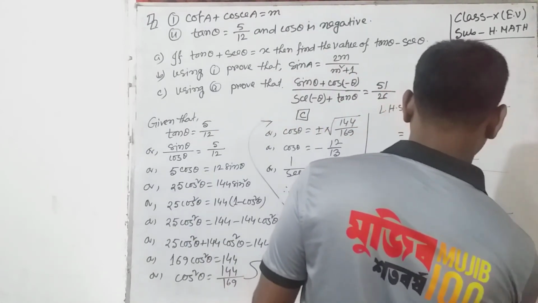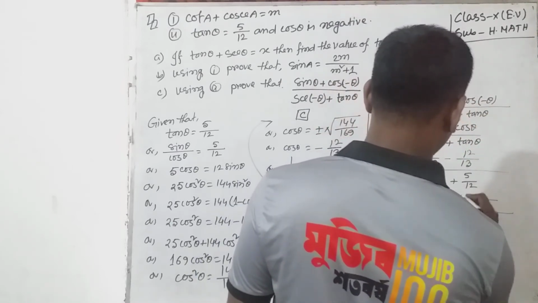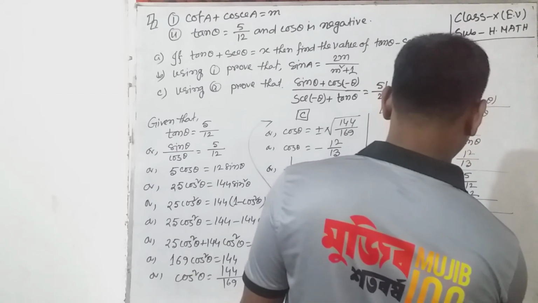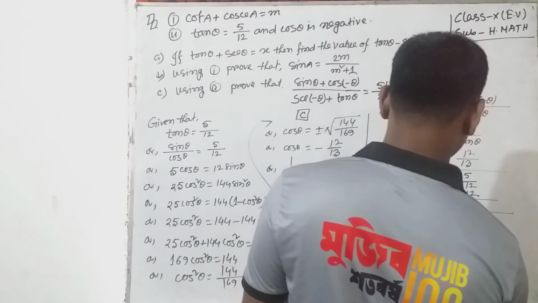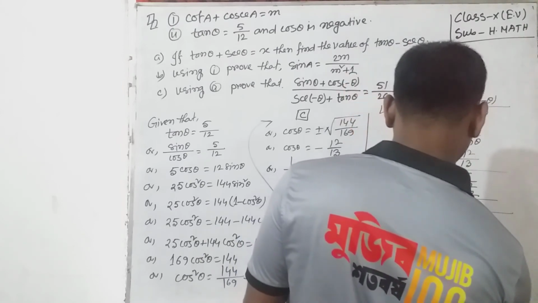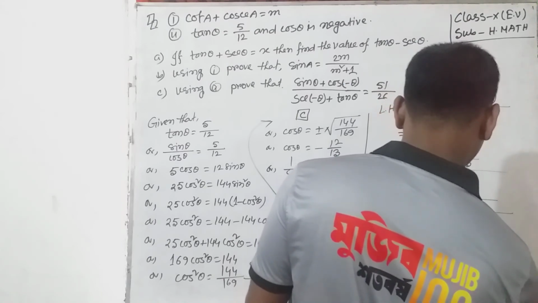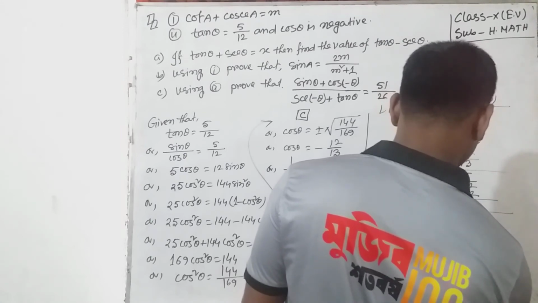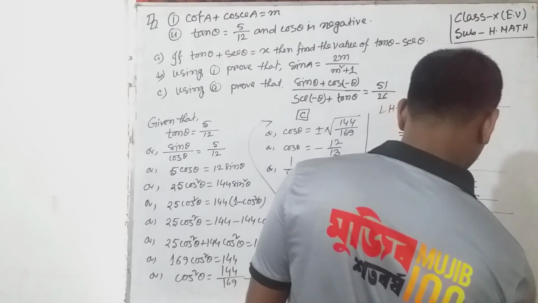Now calculate: minus 5 minus 12 plus 13, so it will be minus 17 by 13, and minus 13 plus 5 by 12, which is minus 8 by 12.